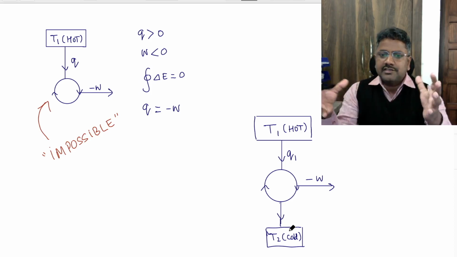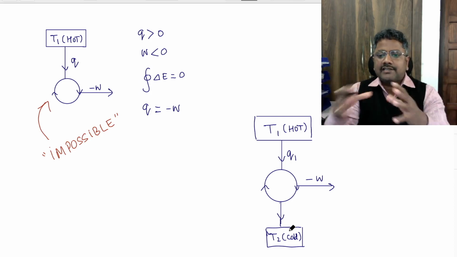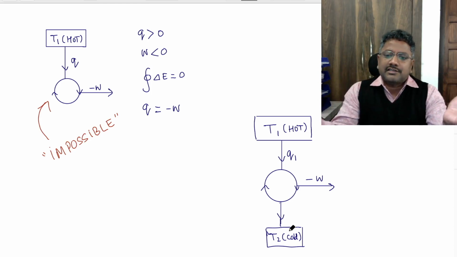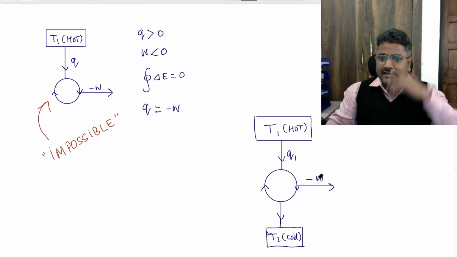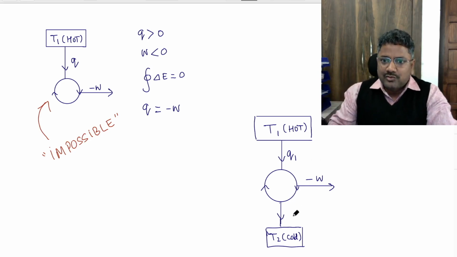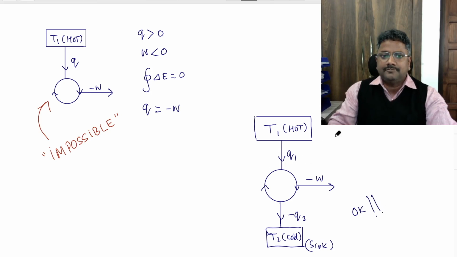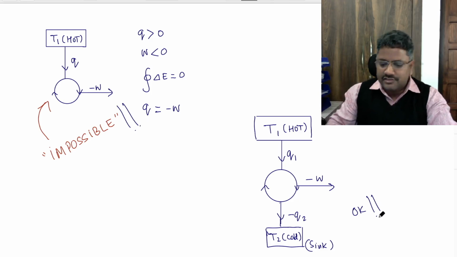So in actual systems, what is the reservoir? Basically the surrounding acts as a reservoir. If you put some heat energy into the surrounding, there is no change of temperature because the surrounding is so large. So this is the concept of a reservoir. Here some heat is given to this cold reservoir, or you can say the sink. The earlier system is impossible and this one is okay.